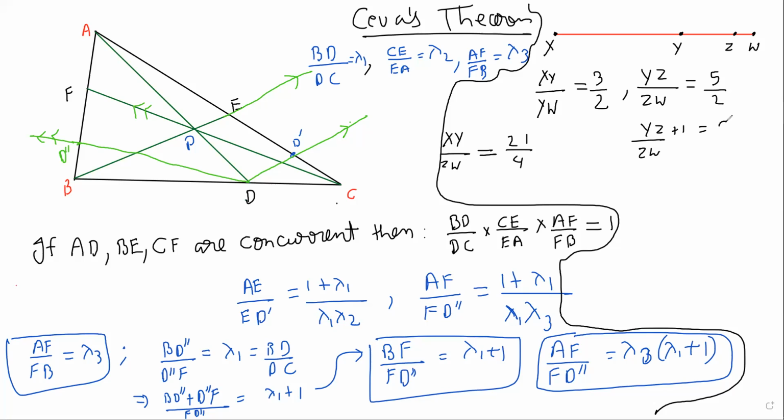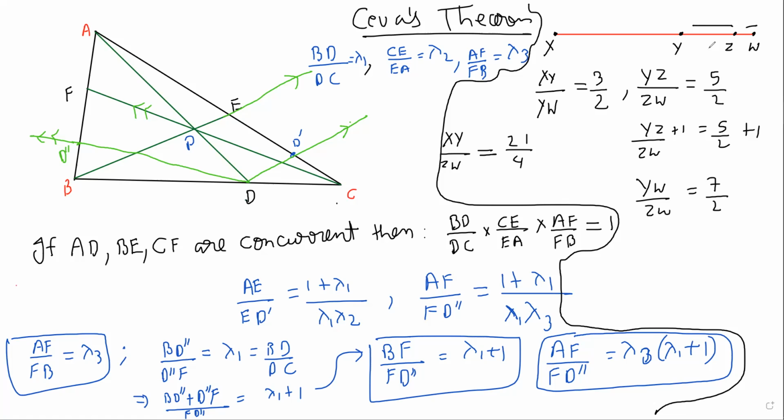Plus 1. Okay, so right. Pragadish, do you see the strategy? It's kind of getting like this ratio, yz by zw.